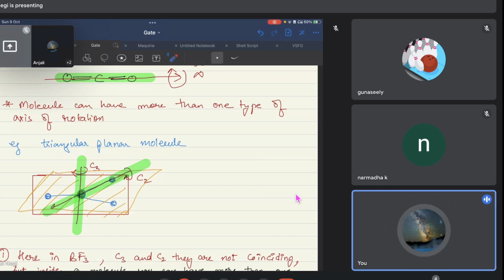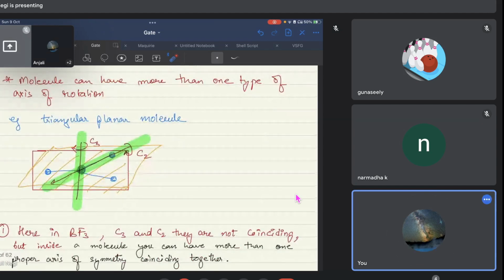So there are two rotational axes present in this molecule, C3 and C2. If I am counting the principal axis of rotation, it will be C3, as it has the higher value of n. Here in BF3, C3 and C2 are not coinciding.